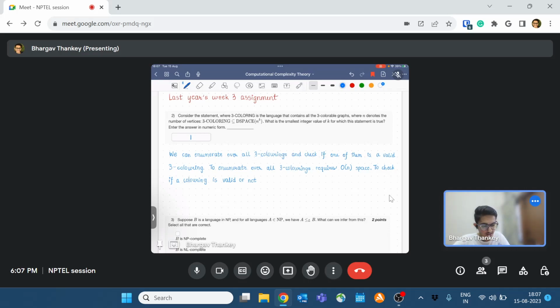So to check if a coloring is valid or not, we need no extra space when the graph is given as an adjacency matrix, and order log n space when it is given as an adjacency list.